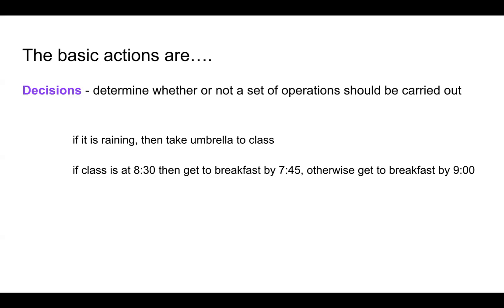So you can see here two examples. If it is raining, then take umbrella to class. You make that decision when you look out the window in the morning. Or another decision: if class is at 8:30, then get to breakfast by 7:45. Otherwise, meaning your class isn't at 8:30 and probably is later, then you want to get to breakfast by 9.